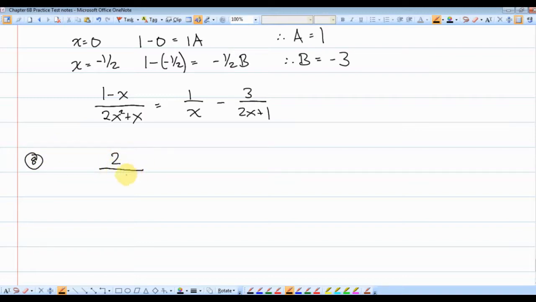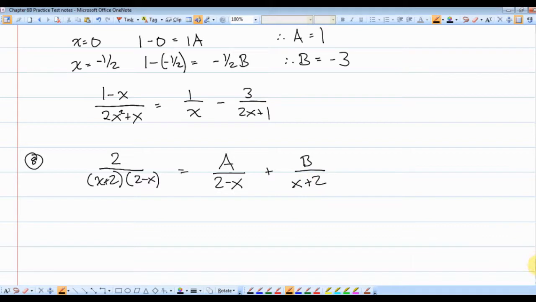2 over (x plus 2)(2 minus x) equals a over, what do you think I should put first here? 2 minus x. Yes, you say minus first. Plus b over x plus 2. I hope you guys are right.